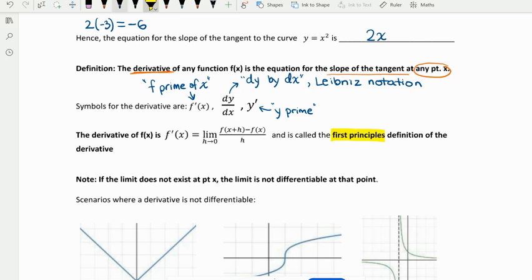Another term you might want to know is differentiate. So we already see it here, but when I ask you to differentiate a function, that just means find the derivative. That's all it means.